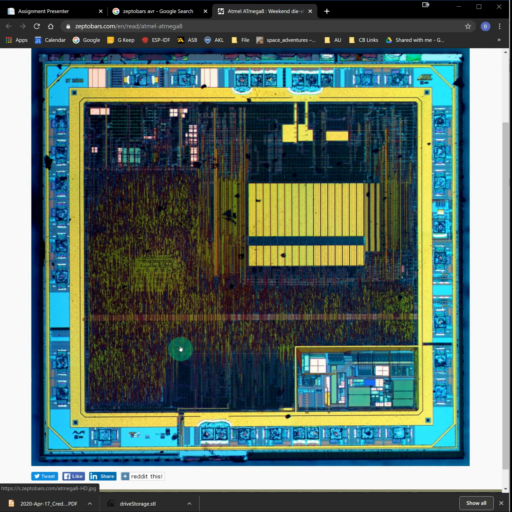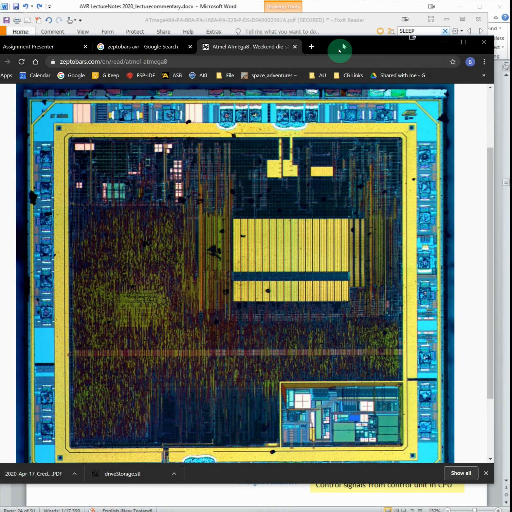Where the control unit is and how big it is, maybe this is the control unit, maybe this is not it, maybe it's this bit up here. But a lot of this is really the data path, and a portion of it will be the control unit. Not a huge portion of it, but a significant portion of it, and it will be fairly complex. Interesting, if you ever get into the design of something like this, it'd be fascinating to know exactly what's going on.